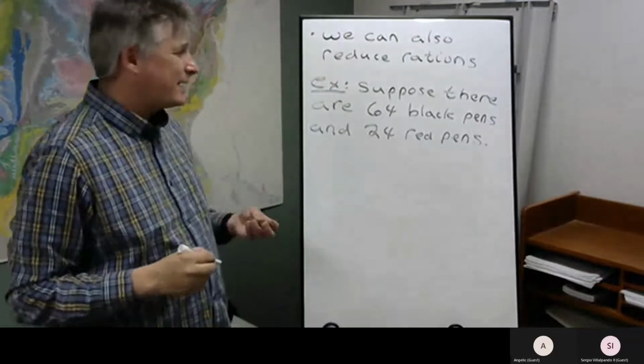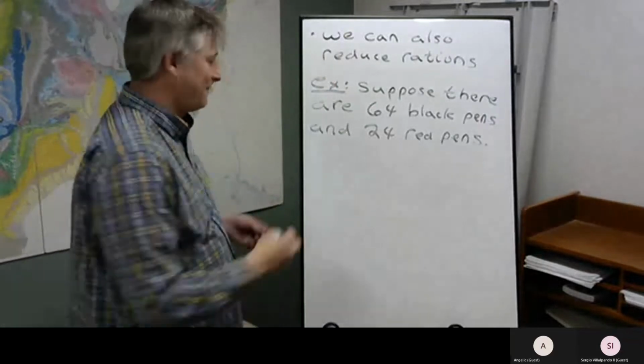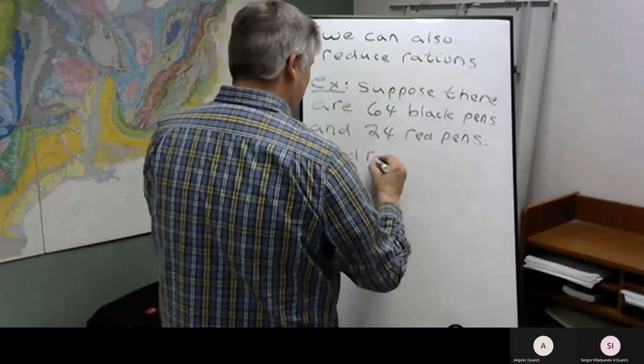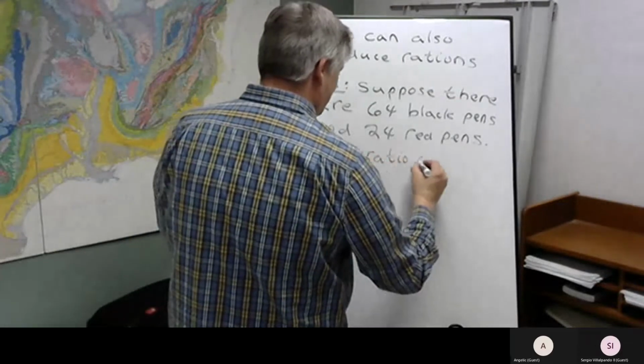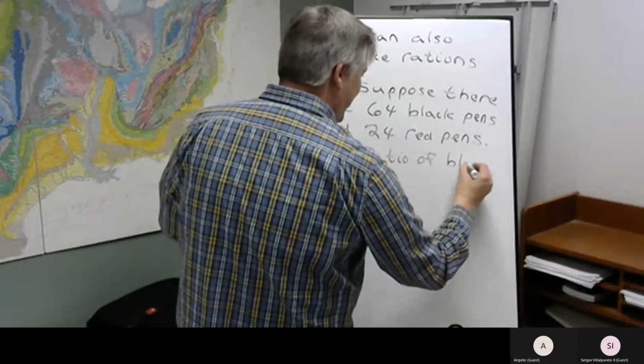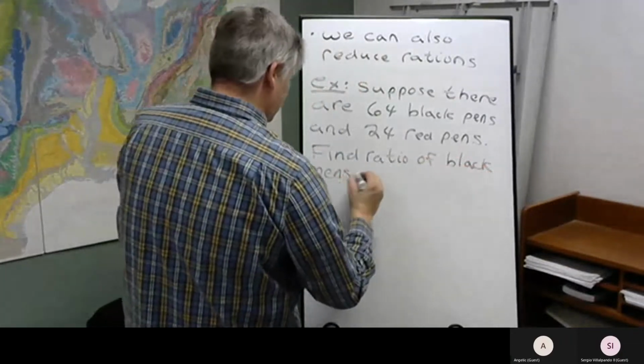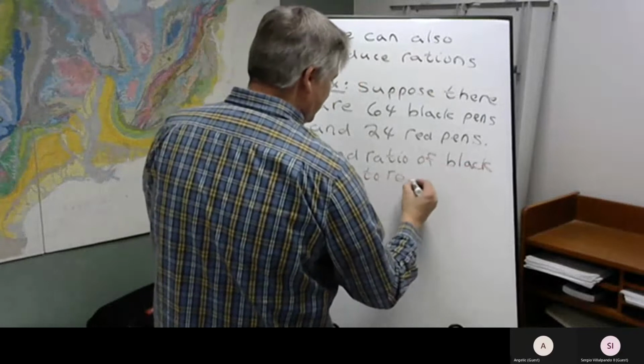So we have 64 black pens, 24 red pens. We want the ratio of black pens to red pens.